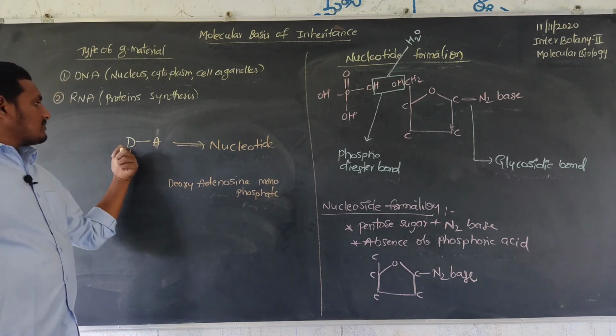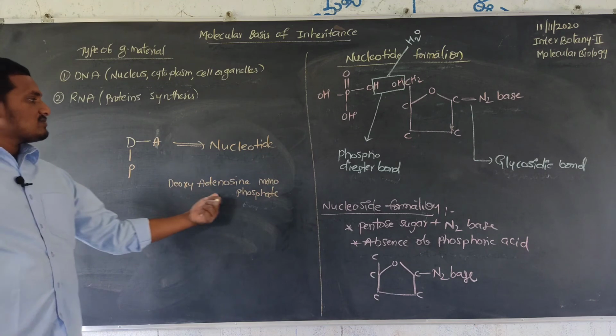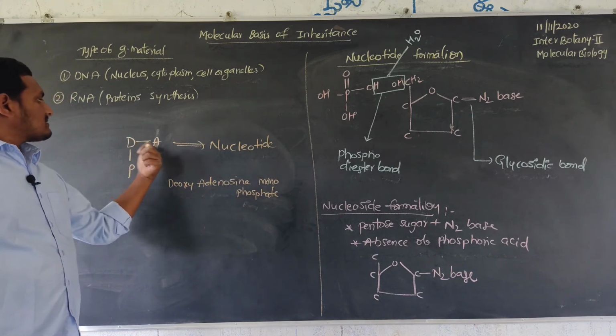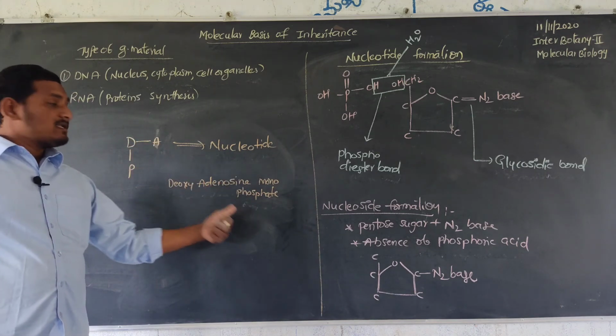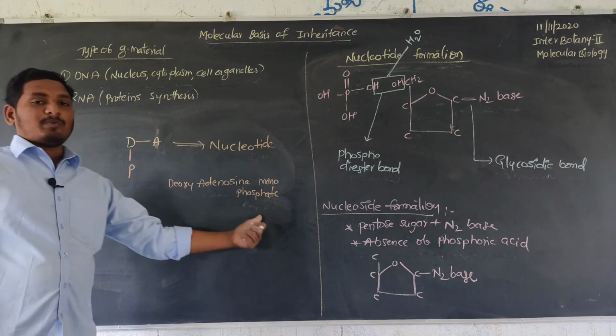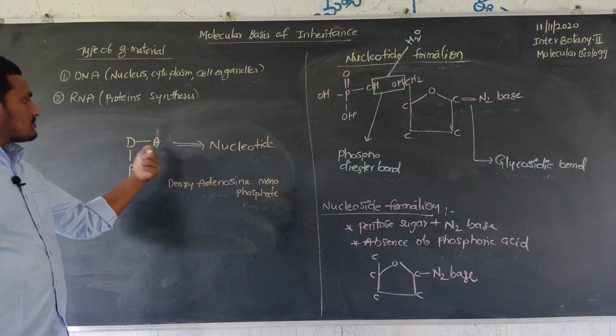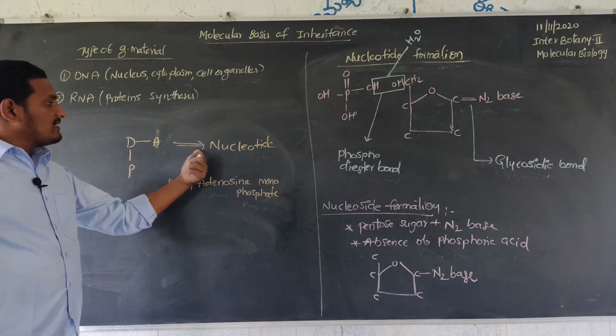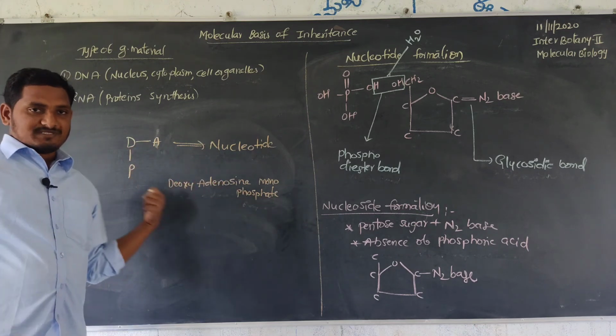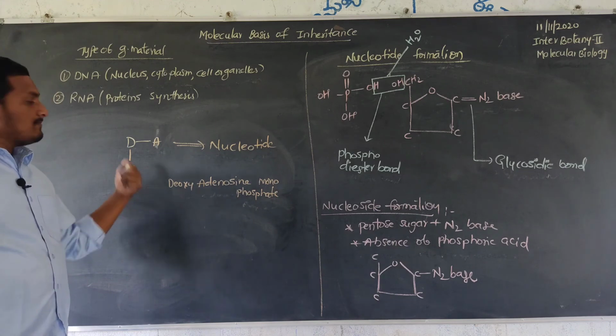Next, deoxyribose sugar with guanine is deoxyguanosine monophosphate, then deoxythymidine monophosphate, and deoxycytidine monophosphate, like that, four in all. Deoxyadenosine monophosphate, because a single phosphate is attached.